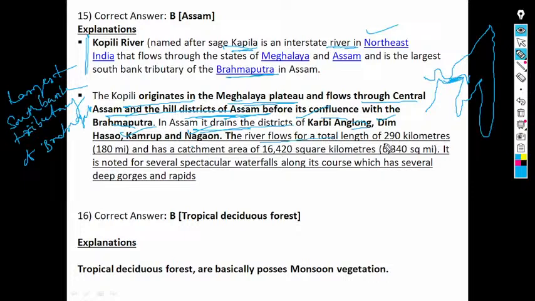This river flows for a total length of 290 km and has a catchment area of 16,420 square km.